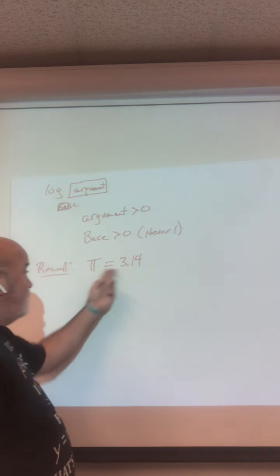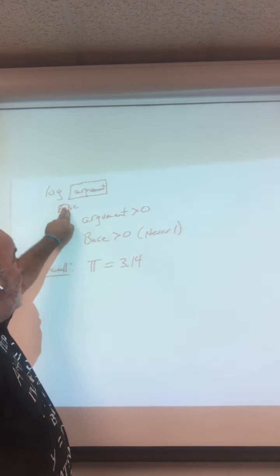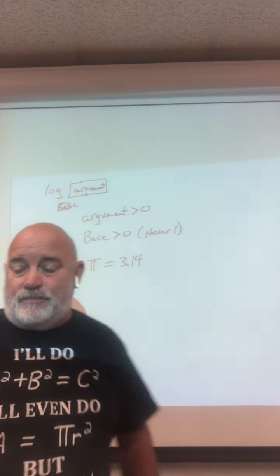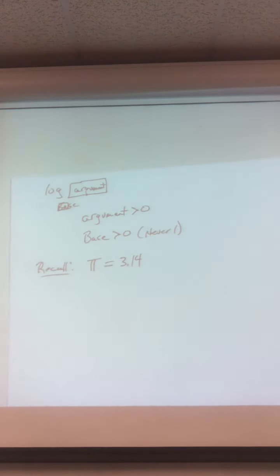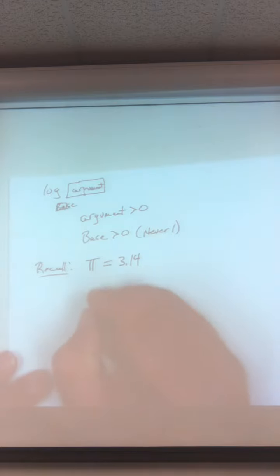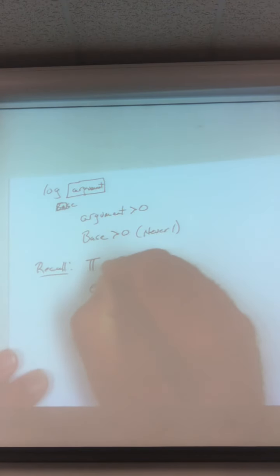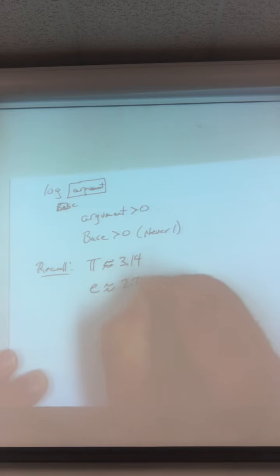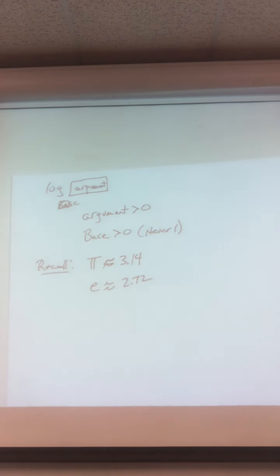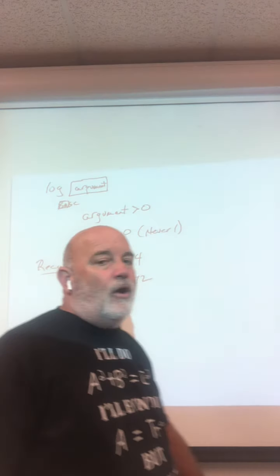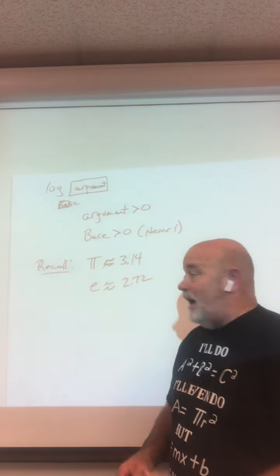But it could be, because pi is a positive number. Could the base be pi? Yes. Now, let me mention a number that you may or may not have ever heard of, and this is approximate: the number e, which again you may or may not have ever heard of in your life.